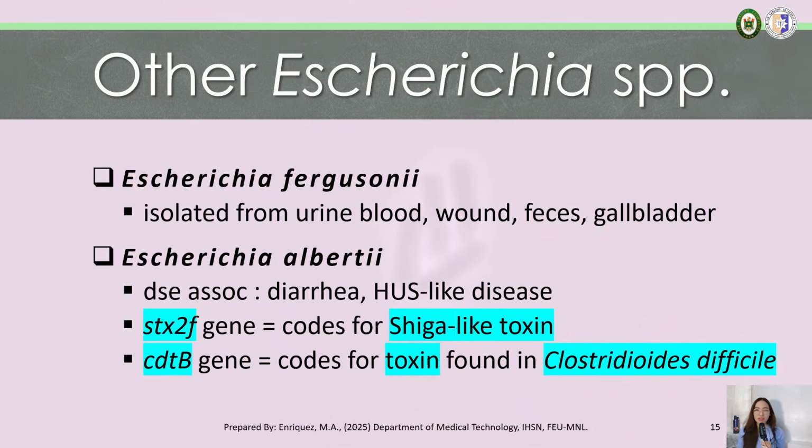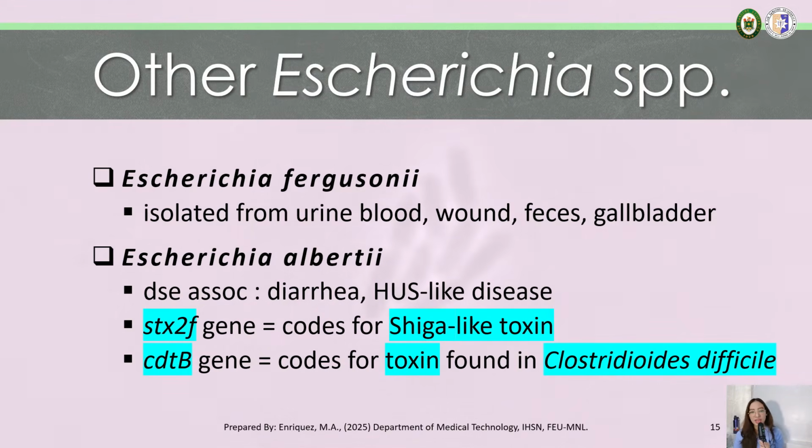Escherichia albertii has been observed to carry two different genes. First is the STX2F gene, which could code for Shigella-like toxin production. Ulitin po natin, if this specific strain of Escherichia albertii carries the STX2F gene, then it may be able to produce a Shigella-like toxin.